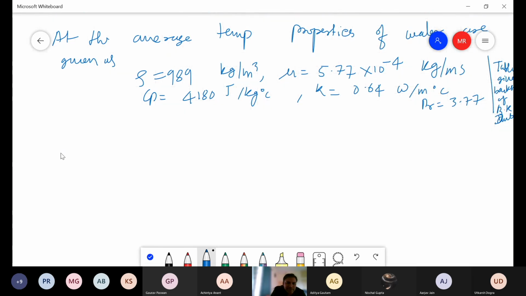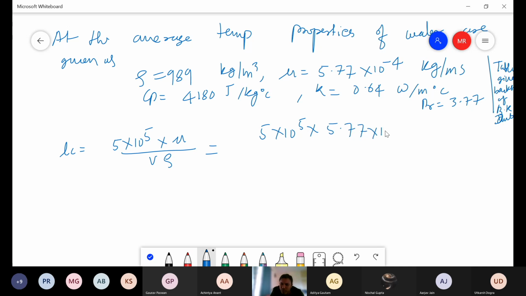Now let's calculate LC. Now you can calculate LC, isn't it? So LC will be 5 into 10 raised to the power 5 into mu divided by V rho. What is the value of mu here? Mu we have already been given: 5.77 into 10 raised to power minus 4, divided by the velocity, which is already given.